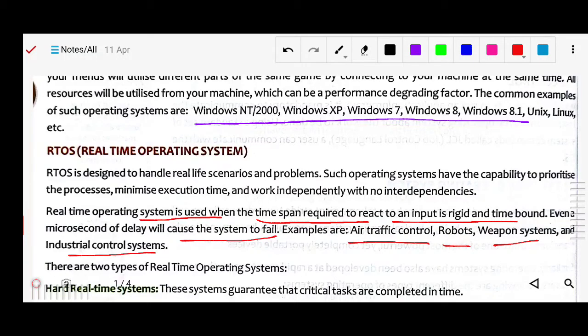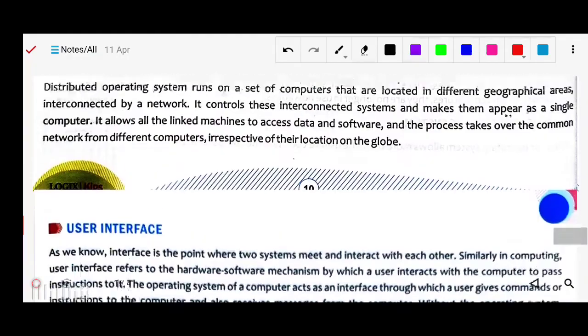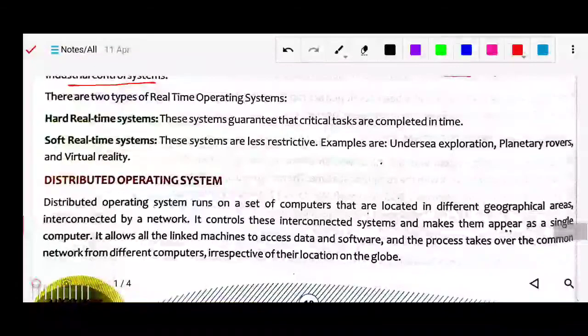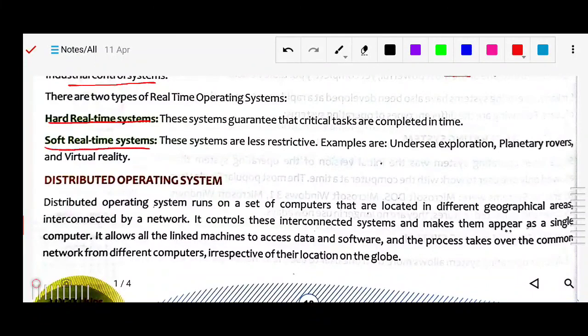There are again two types of real time operating system: hard real time system and soft real time system. Hard real time systems guarantee that critical tasks are completed in time, the most essential critical tasks.